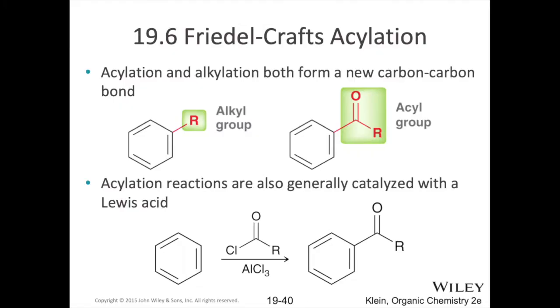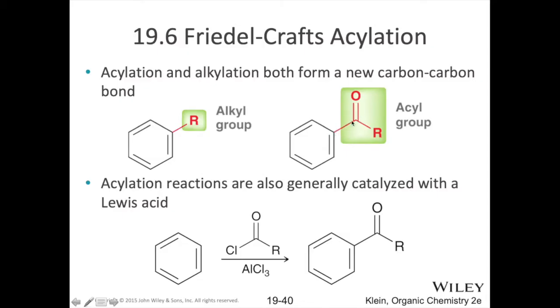Now, in addition to Friedel-Crafts alkylation, we can also do what's called a Friedel-Crafts acylation. Essentially, an acyl group is basically a ketone or a carbonyl that's attached to our benzene ring from that carbonyl.